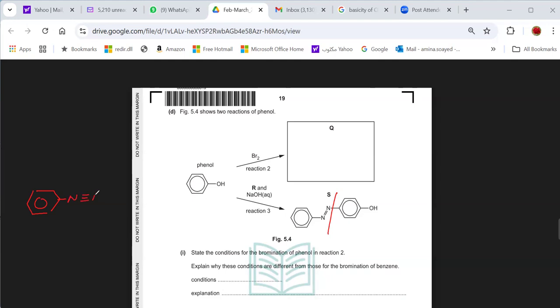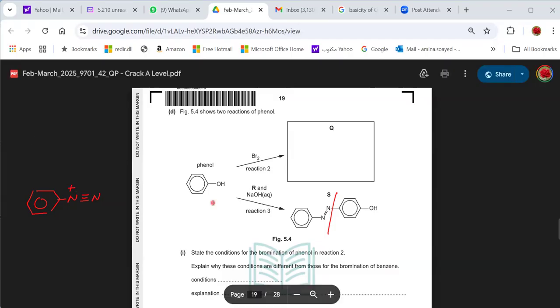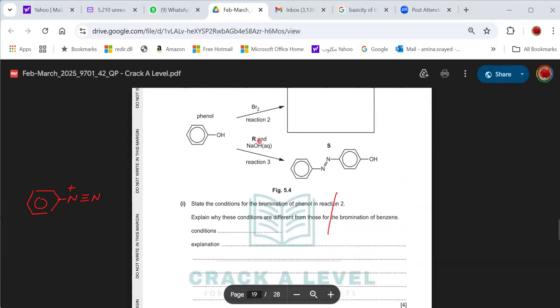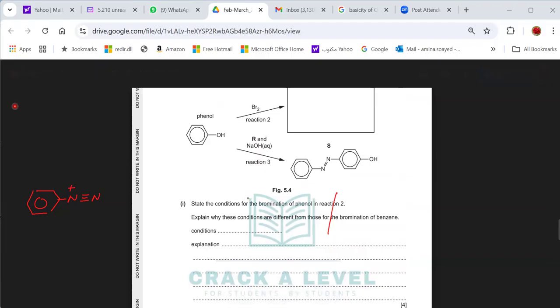So we draw N triple bond N, and we put the positive charge on the nitrogen that is next to the benzene. So this is the R. We can write here chloride, because we know that it's benzene diazonium chloride.